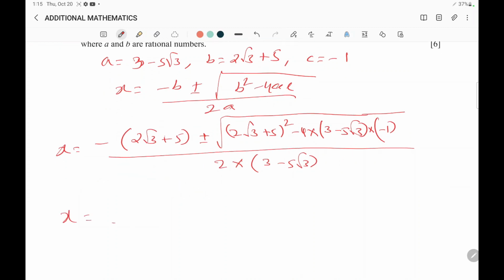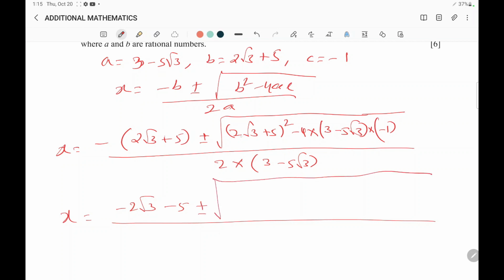Now this is minus 2 root 3, then minus 5 plus minus, let us expand that. So 2 root 3 whole square will be 12, 4 times 3. Then 5 square is 25, then 5 times 2 times 2 root 3, that's 20 root 3.